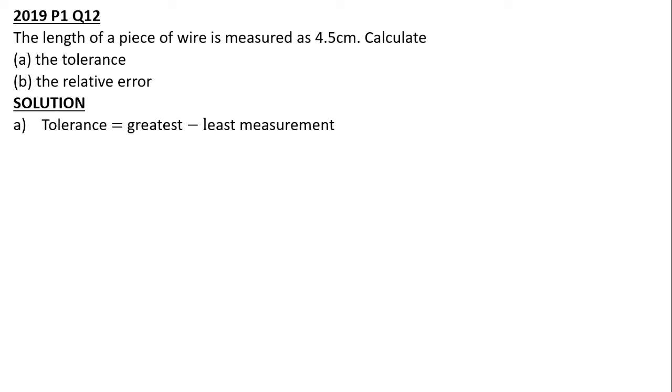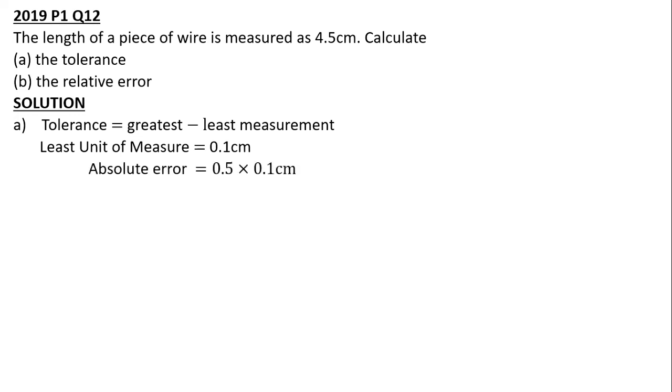So we are going to first find the least unit of measure, the absolute error, the upper limit and the lower limit, and then the tolerance. So we are going to say least unit of measure is 0.1 since we have one decimal place. Our absolute error is half of 0.1. Half of 0.1 is giving us 0.05 centimeters.